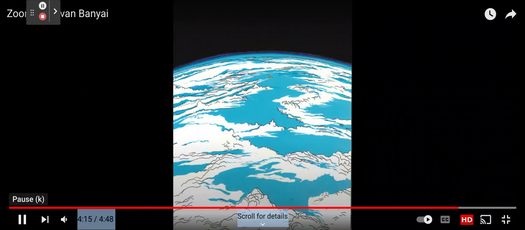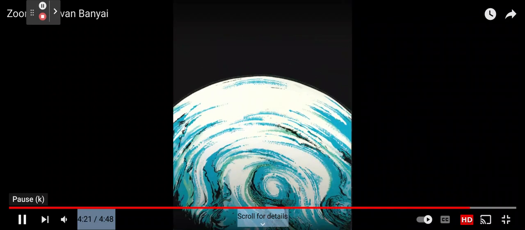Wow, and now we see that the plane is somewhere on Earth, but we can't tell where. And now all we see is Earth. And now Earth is really tiny. And now it's just a dot on your screen.